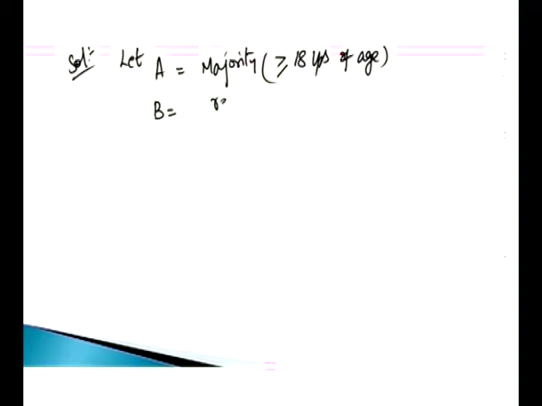Let A be equal to majority, that is greater than or equal to 18 years of age. B represents the regular players.